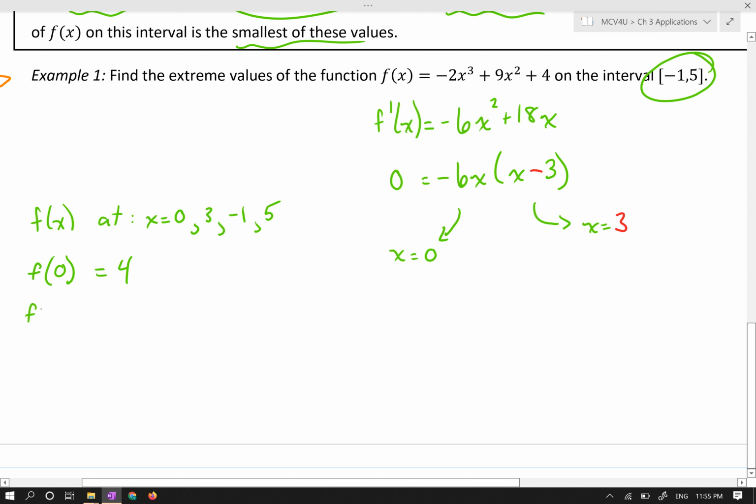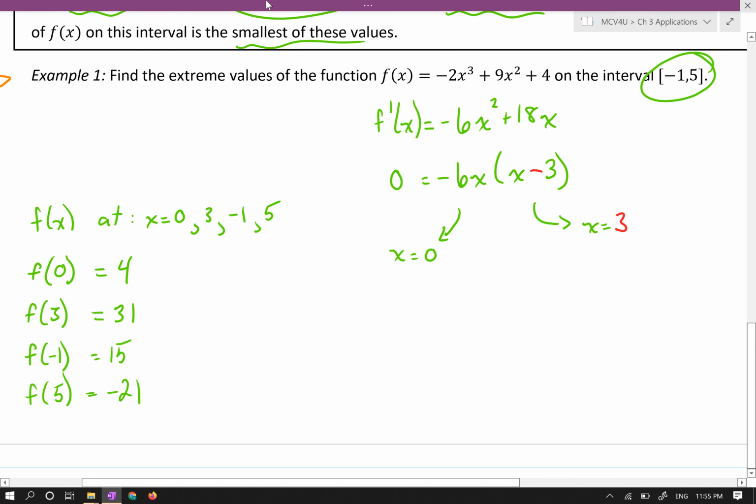F at 3 is equal to 31. You can check your own work with me right here or with a calculator. F at -1 is equal to 15. And f at 5 is equal to -21.